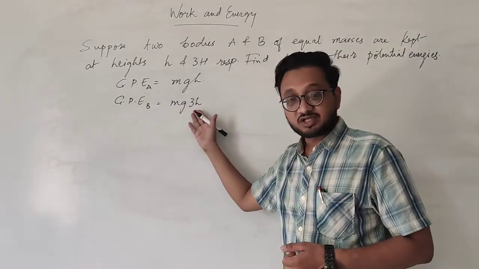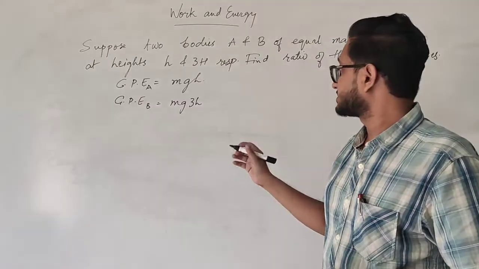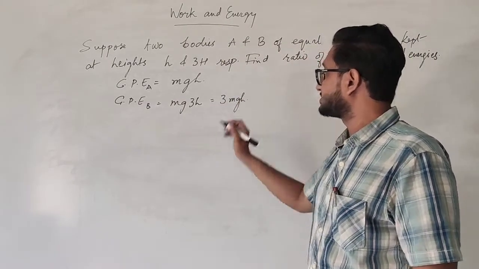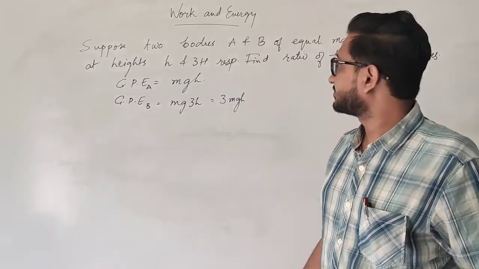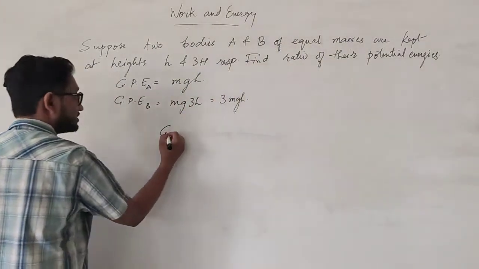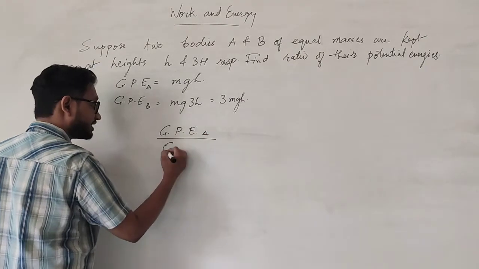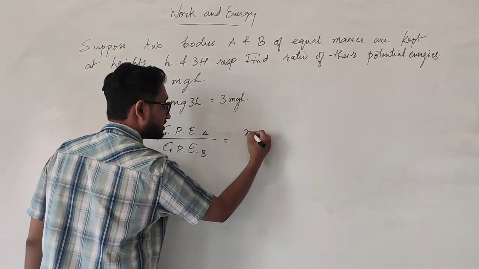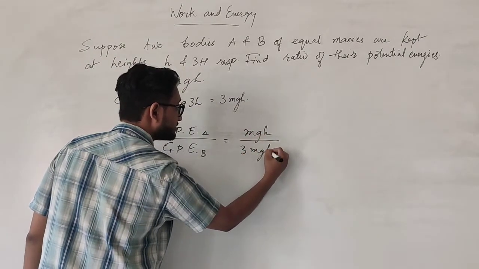I can take 3 in the front because they all are in multiplication and 3 is a constant, so I can write it as 3mgh. Everything else is same. Now the question is very simple. You need to find the ratio. So I am finding the ratio as gravitational potential energy of object A upon gravitational potential energy of object B equals mgh upon 3mgh.